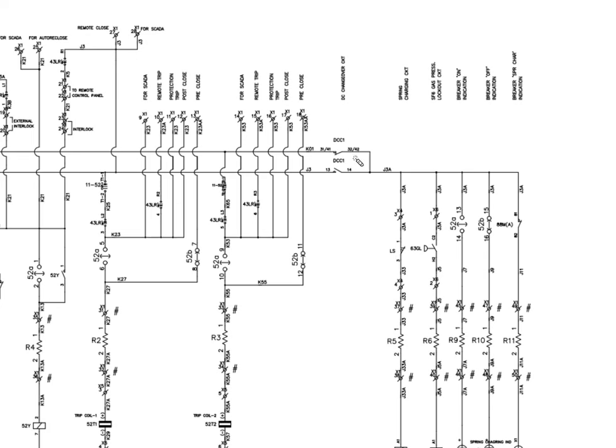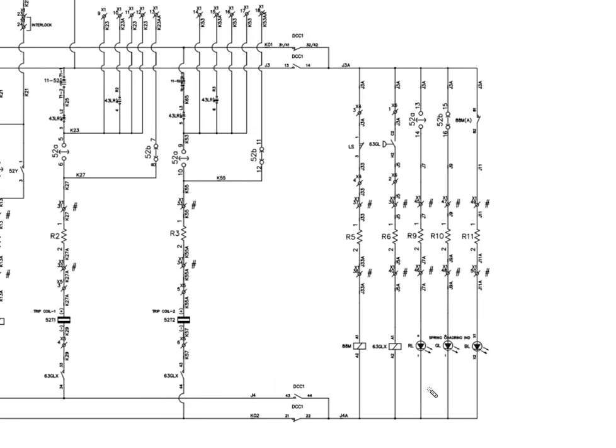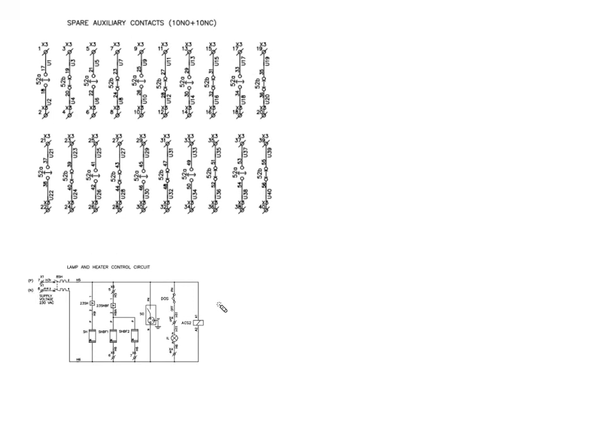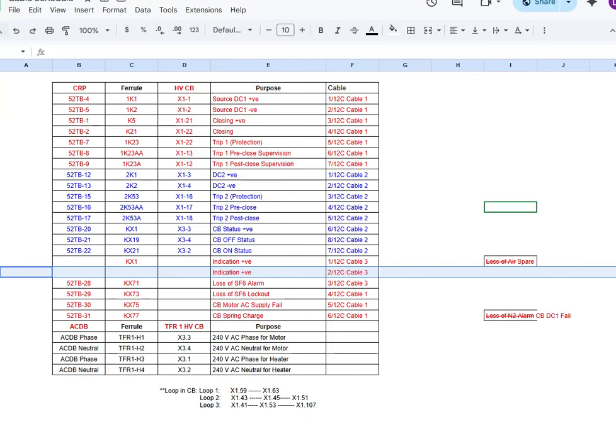I don't know what they have done here. This is the DC changeover circuit. They use the same DC for that. I need to check where the indication they have taken in the breaker.